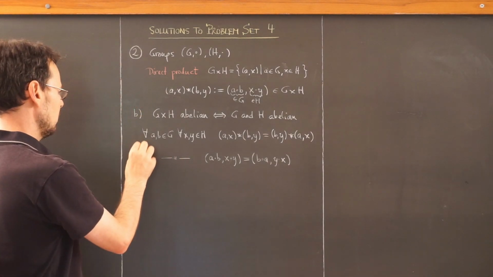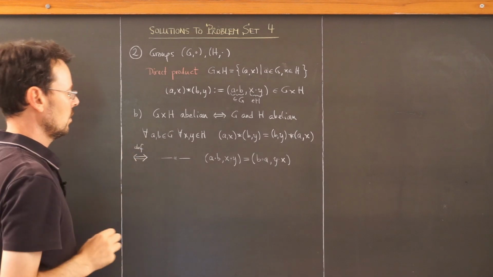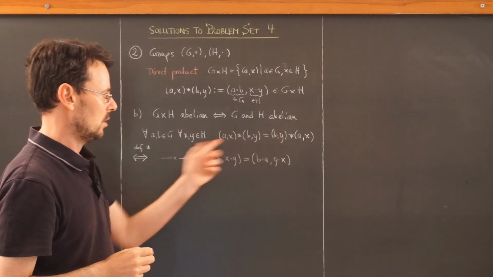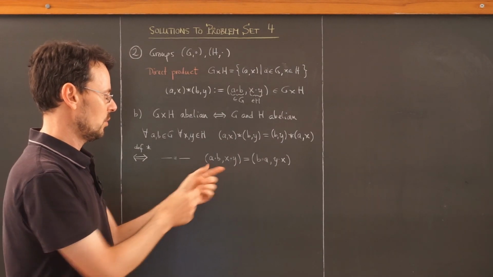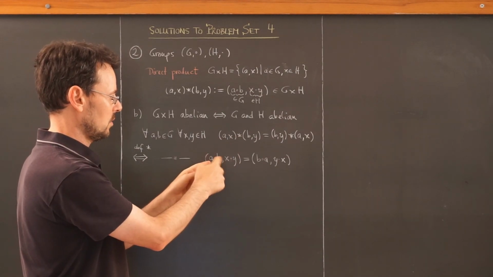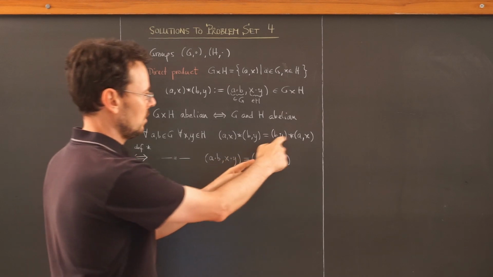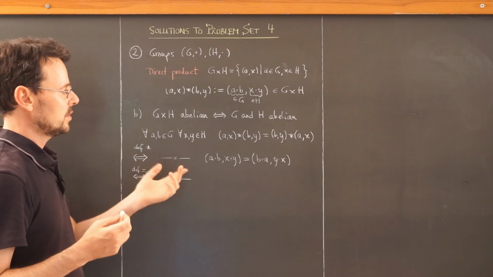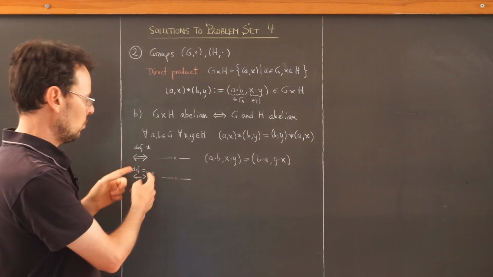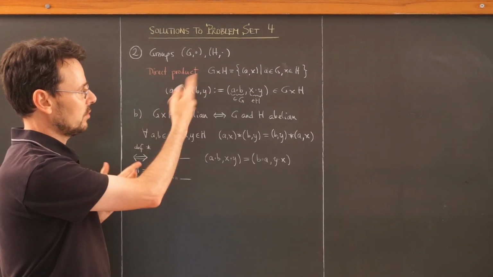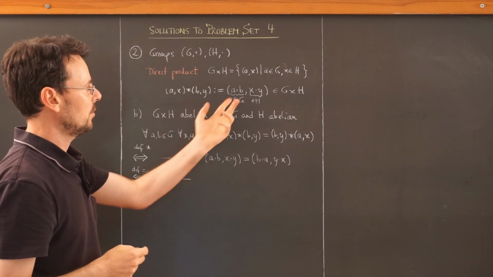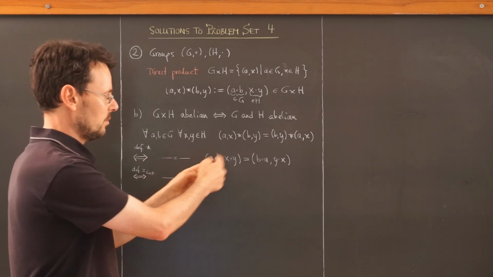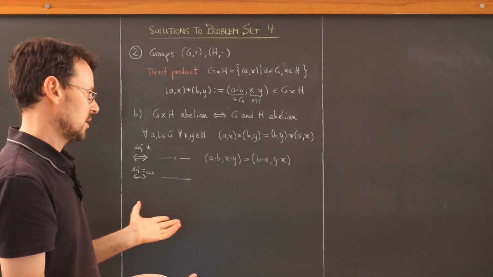So this here is simply the definition of the operation star. We do the operation component-wise. So here we have A circ B and X dot Y, and here we have B circ A and Y dot X. And now we use the definition of equality in such a direct product or Cartesian product. Well, when are two tuples the same? Of course, when both of their components are the same.